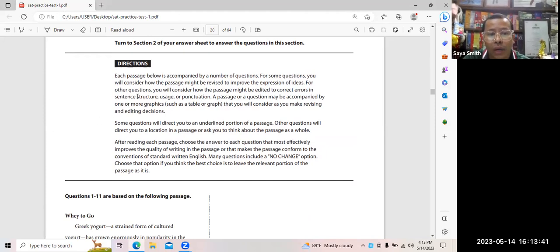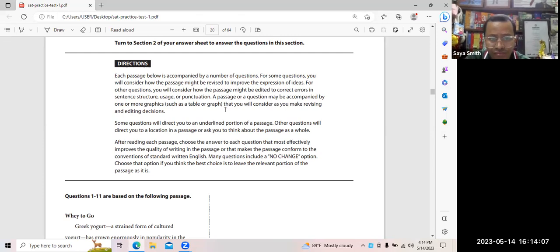For other questions, you will consider how the passage might be edited to correct errors in sentence structure, usage or punctuation. All about the grammar, guys. A passage or a question may be accompanied by one or more graphics. It could be a table or a graph that you will consider as you make revising and editing decisions.